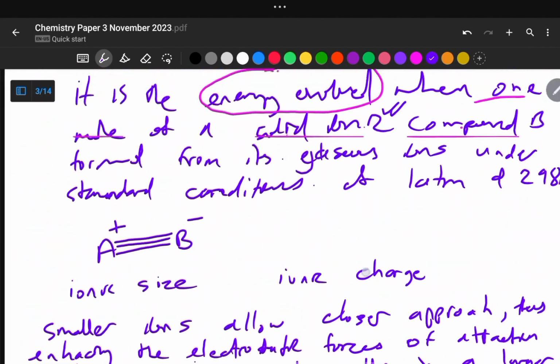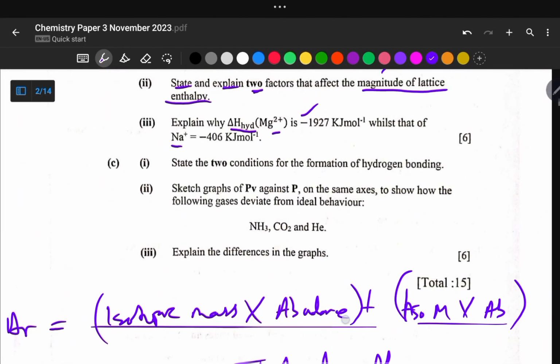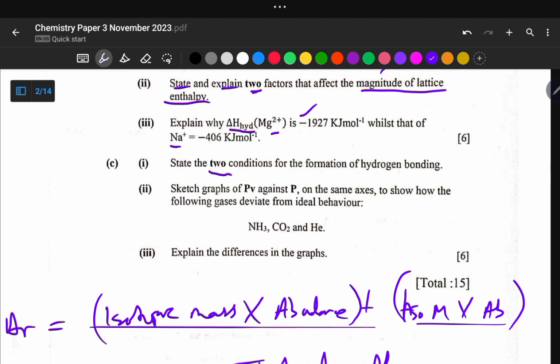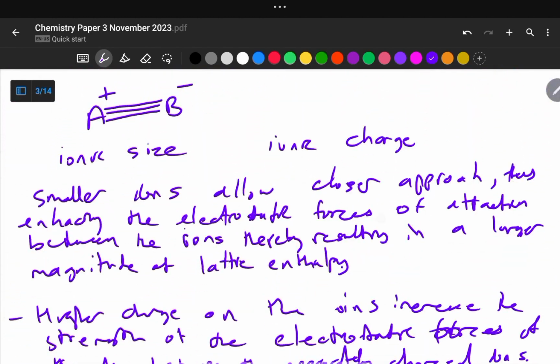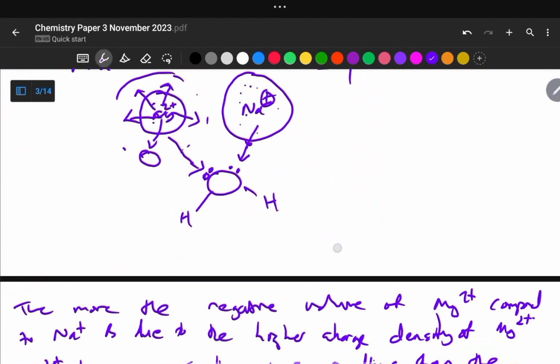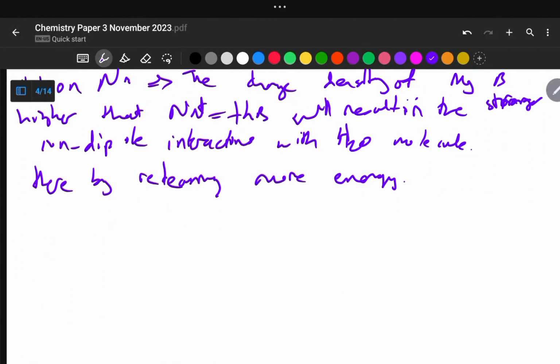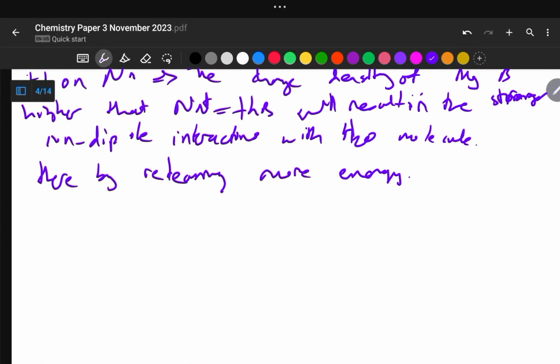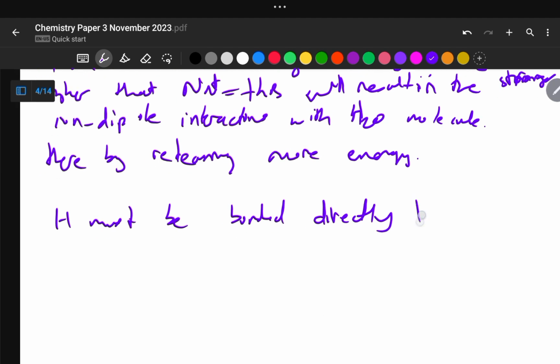So the next part of the question says, state 2 conditions for the formation of hydrogen bonding. So for hydrogen bonding, we have hydrogen bonded directly to one of the most electronegative atoms, which possesses a lone pair of electrons. So hydrogen must be bonded directly to one of the most electronegative atoms.